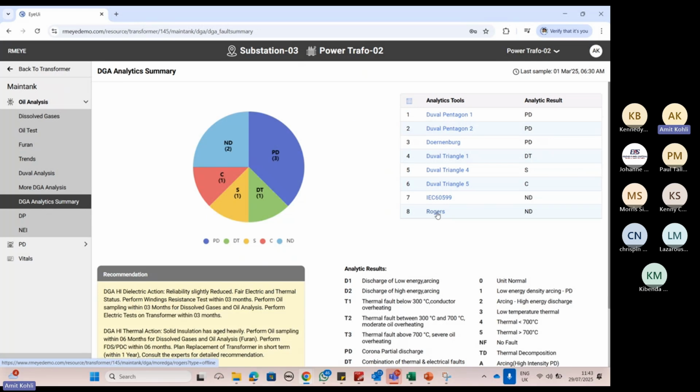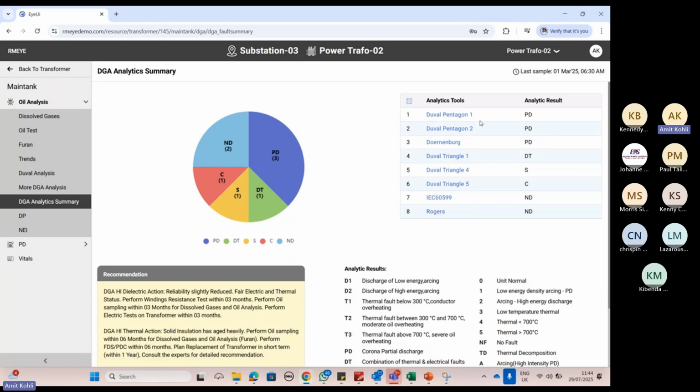So if your transformer does not have an online DGA system, we can give this analysis based on your offline testing, oil sampling data. If it has DGA, then we can give both the oil sampling result as well as the DGA result, and you can compare these things. Again, this level of detail is mainly for your transformer expert or people who want to learn more about transformer faults.